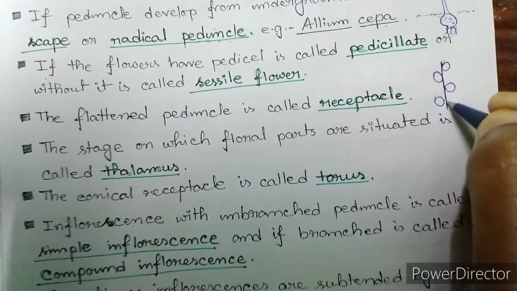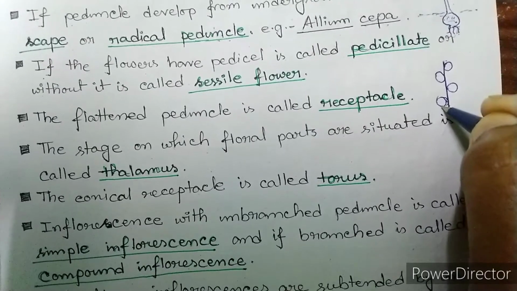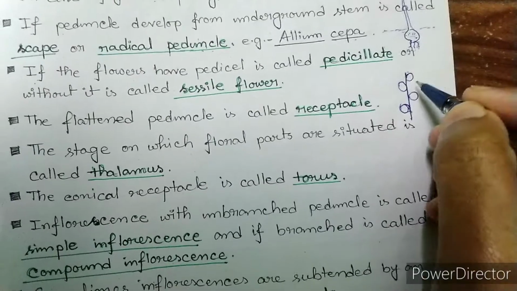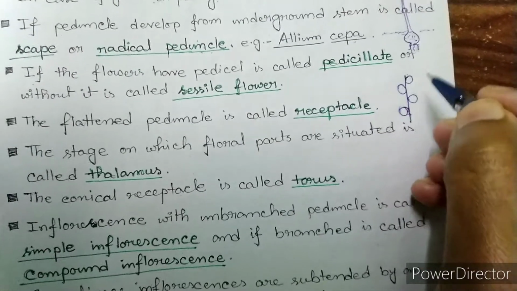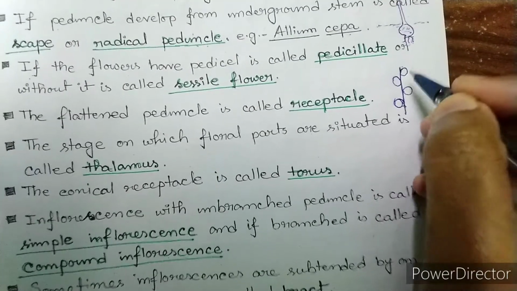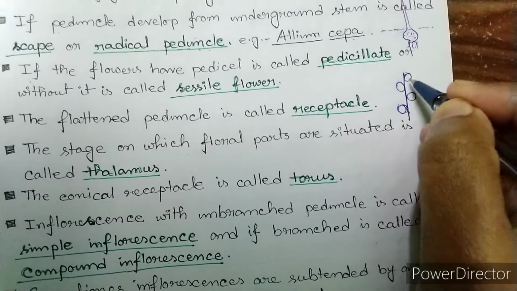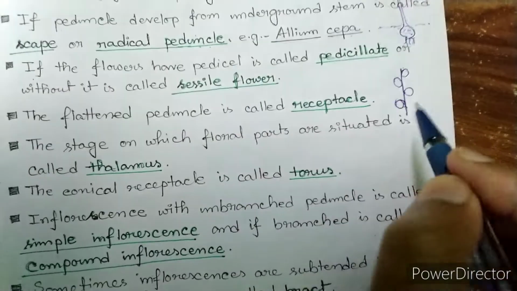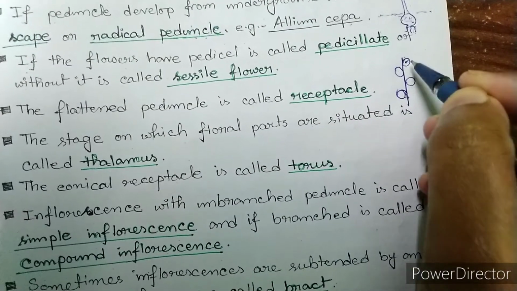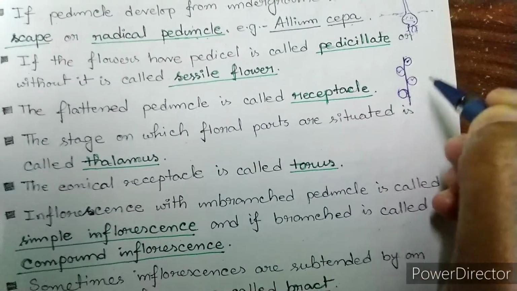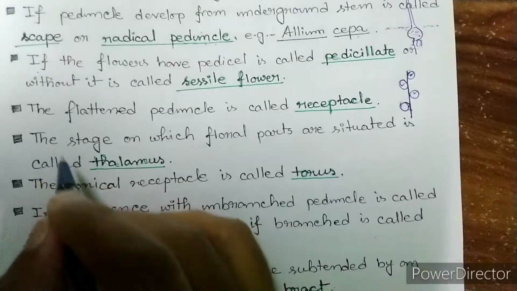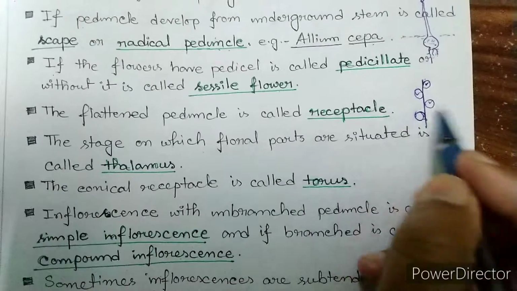So this is one type of inflorescence. We always discuss these things when we discuss the types of inflorescence. So when this type of flower is present, it is called sessile flower. This one is a flower, this one is a flower, this is also called sessile flower.